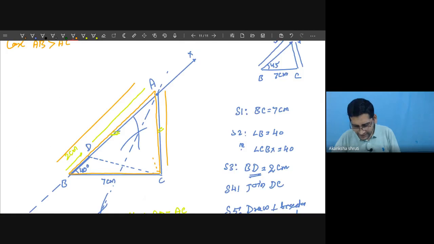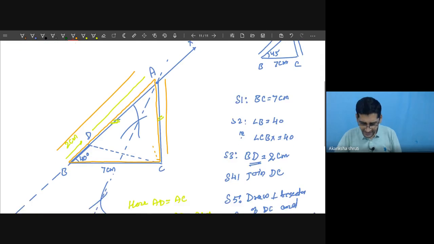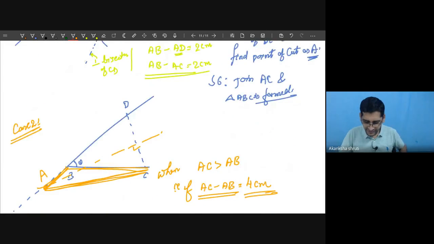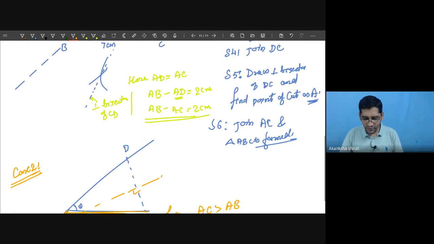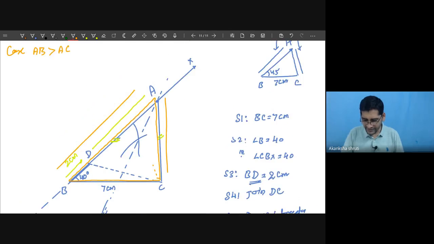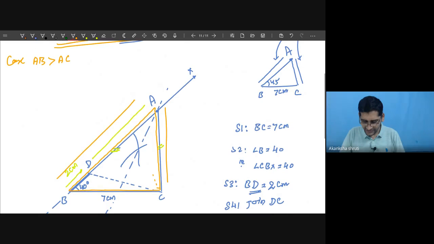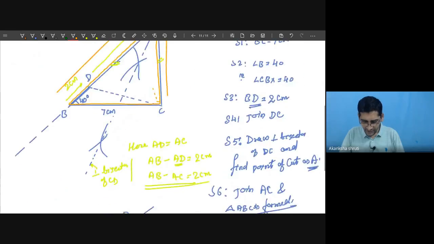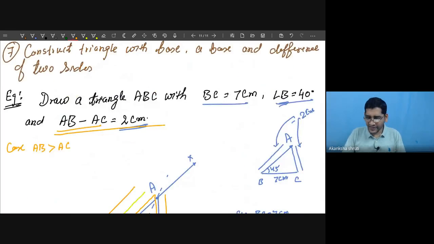So that's why it is on the same line. But if it is smaller, then it may fall on the back side. Okay, student. So this is all about it, but mostly in your book you will get the first case itself. So you should be slightly careful. You have to just extend it or project it. So this is all about the 7th kind of construction.